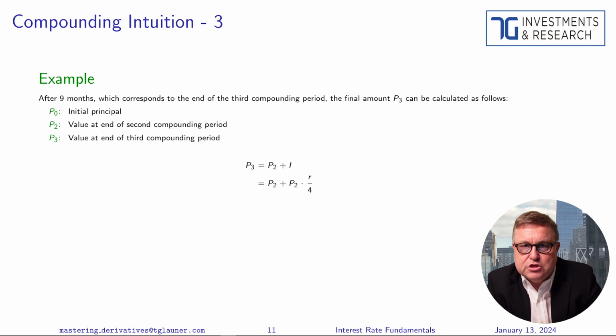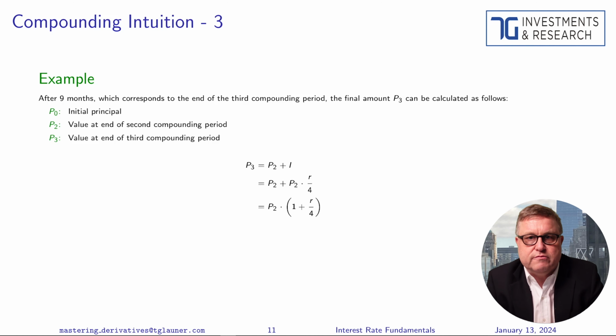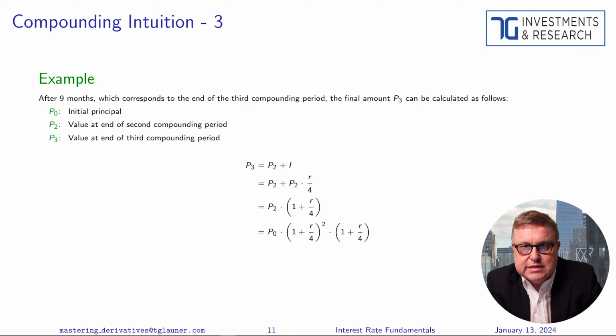P3 is simply P2 plus the interest, which we know is the growth rate times P2. Now we do the same steps as before, where P2 is replaced by our previous formula. Consequently, at the end, we arrive at P0 times 1 plus R over 4 raised to the third power.